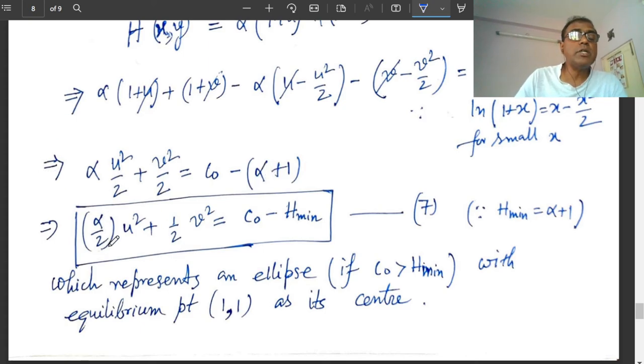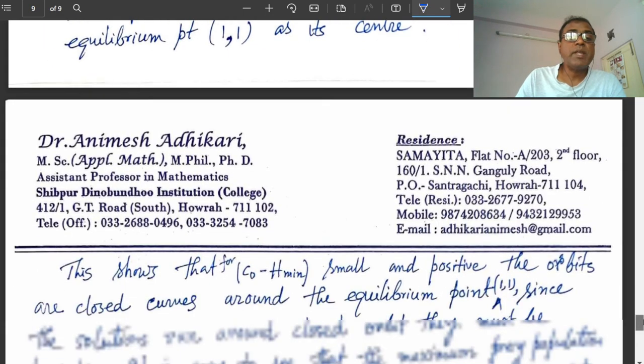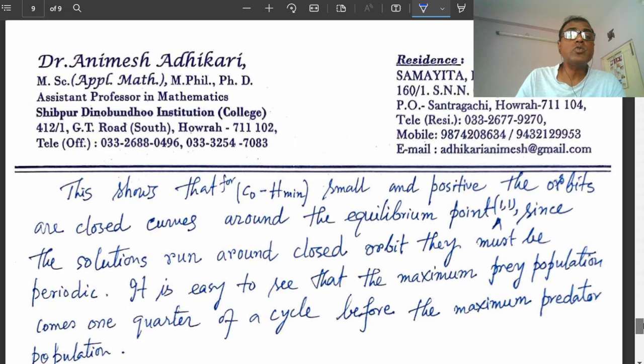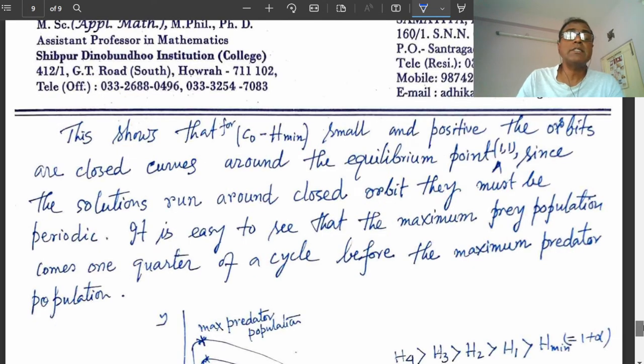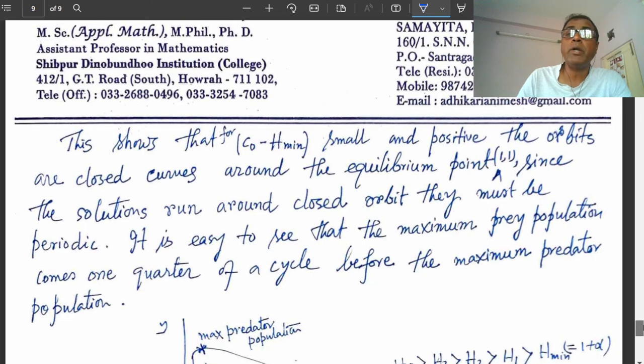So alpha is constant. This represents an ellipse if c0 is greater than h minimum, with equilibrium point (1, 1) as its center. So from this we get that the trajectories are in the form of ellipses, and this shows that for h minus c0 minus h minimum small and positive, the orbits are closed curves around the equilibrium point (1, 1).